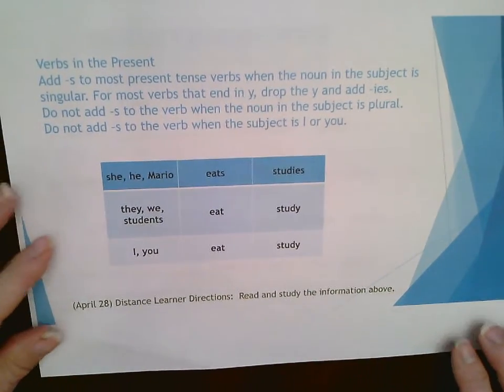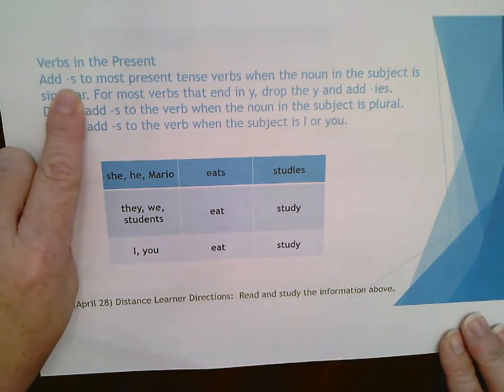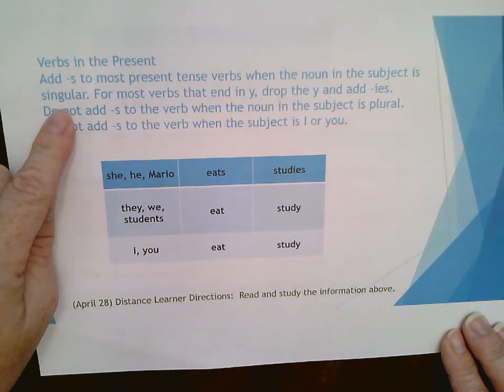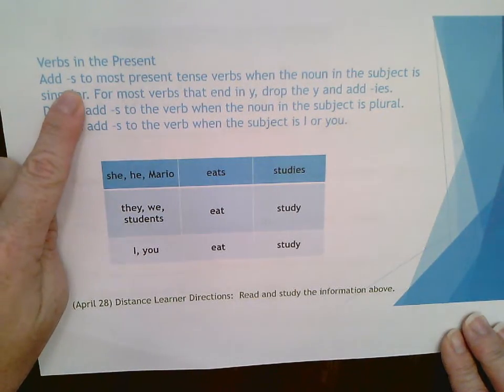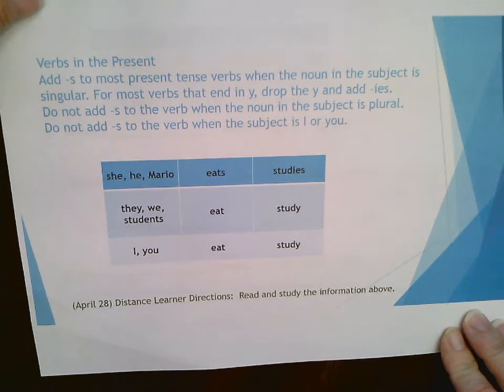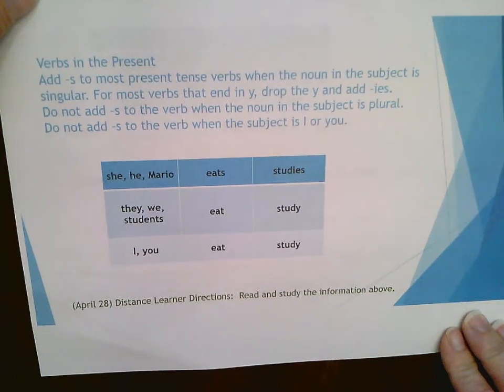So we already said earlier that most present tense verbs, you would add an S to the end of the verb. When the noun and the subject is singular, just add the S to the end of the verb to make it present tense. For most verbs that end in a Y, you will drop that Y and add I-E-S.